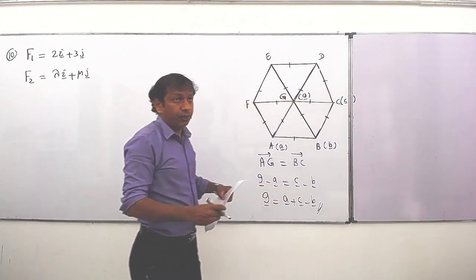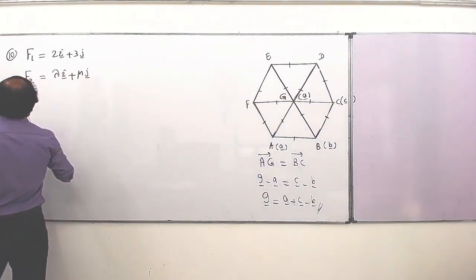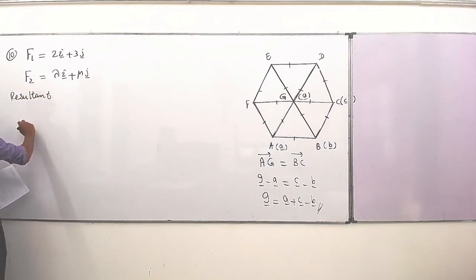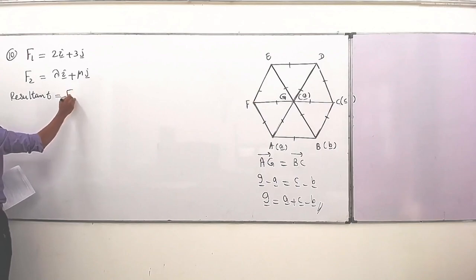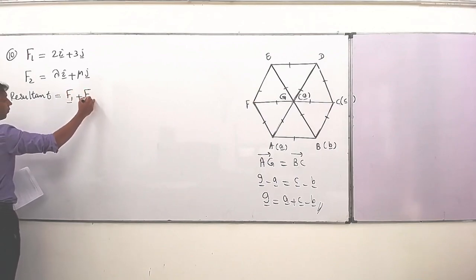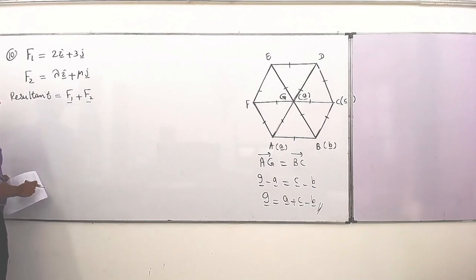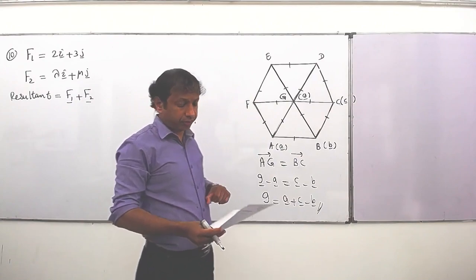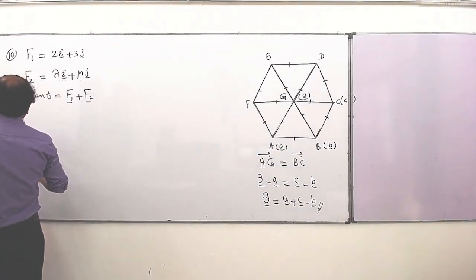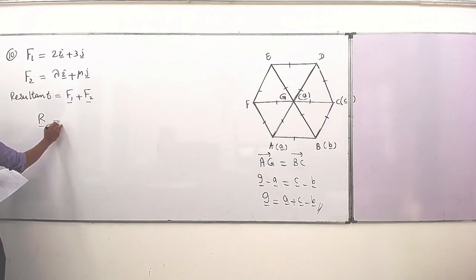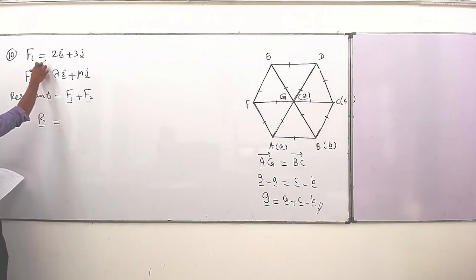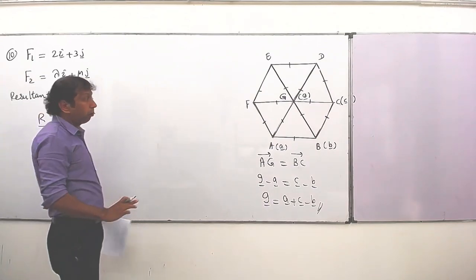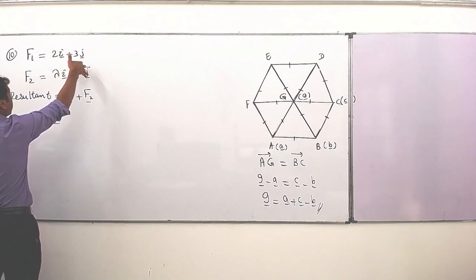Right. How to find the resultant? Resultant of these two forces will be given by the vector sum of these two forces. The resultant, if I mark it as R vector this way, R is now the resultant of these two forces, that we can obtain as a vector by directly adding these two vectors.